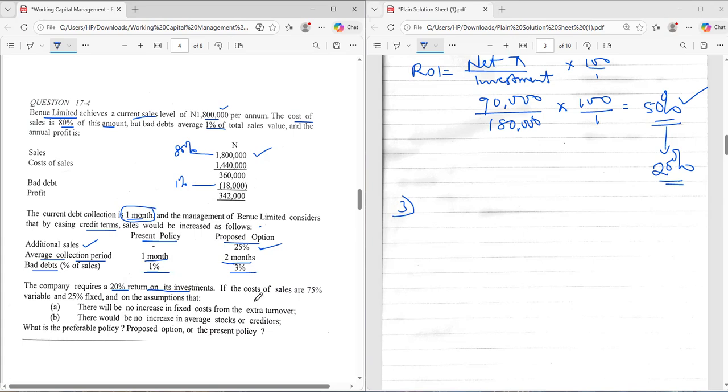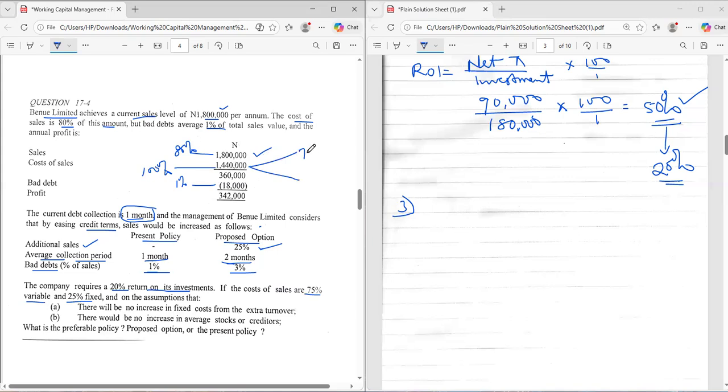If the cost of sales are 75% variable and 25% fixed, okay? So what's the cost of sales here? This cost of sales, we're going to break it into 2. You know, this cost of sales is now 100% on its own. It was only when you were removing it from sales that it was 80%. But now that it is standing on its own, it is 100%.